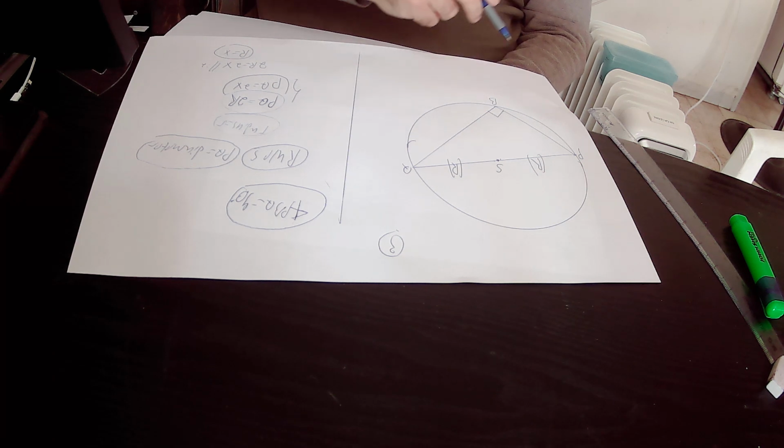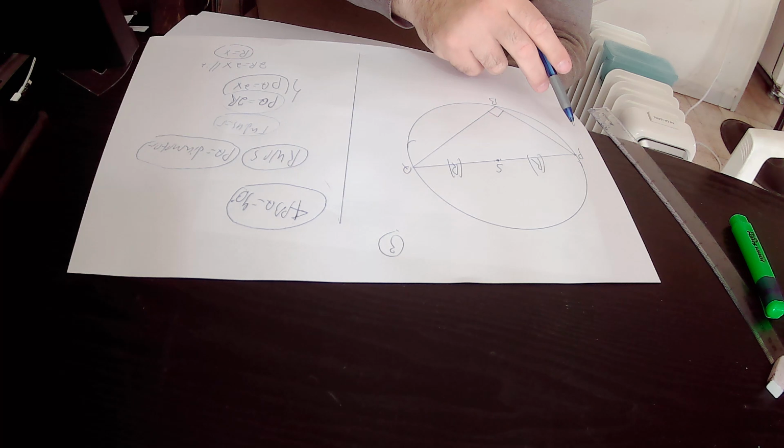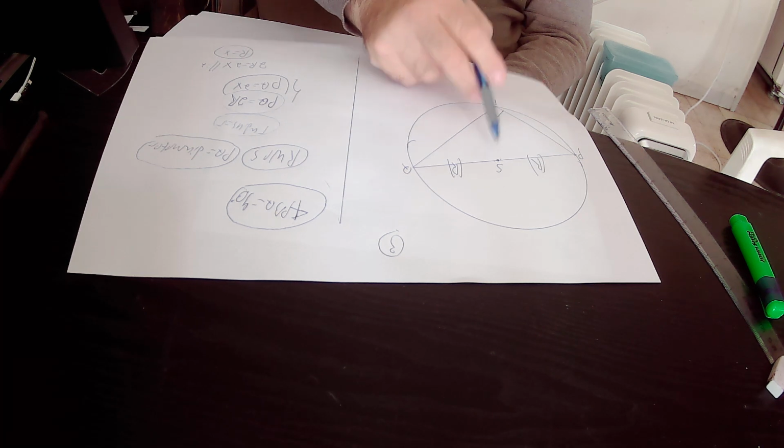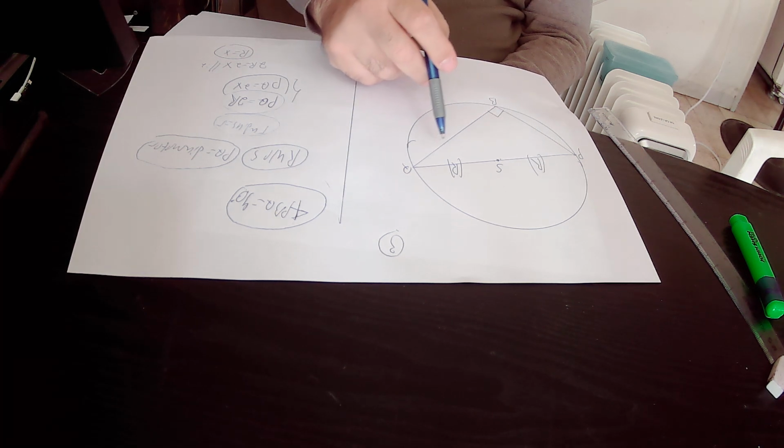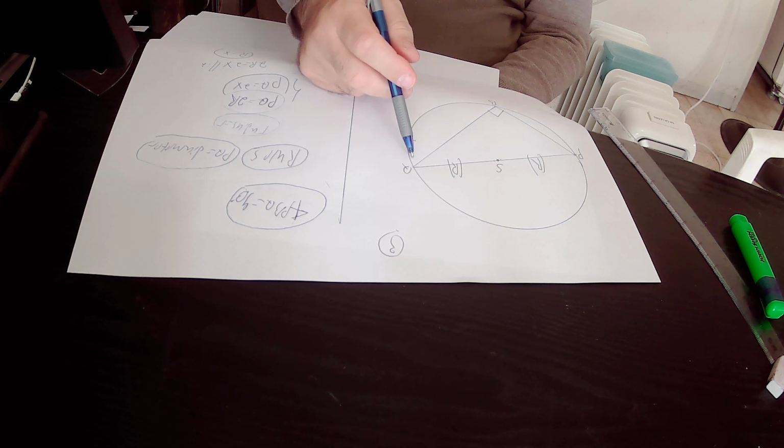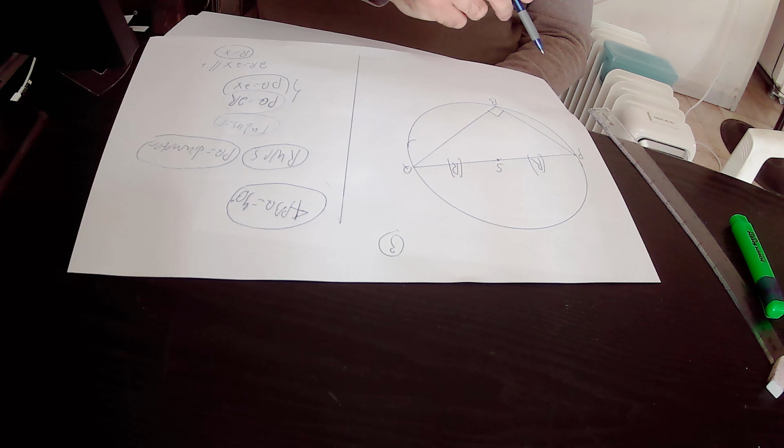PS equals R. So it is the radius that starts from point P and ends at point S. QS also equals R. It is the radius of this circle that starts from point Q and ends at point S. So at point S, the two radii touch each other, and therefore point S must be the center of this circle.